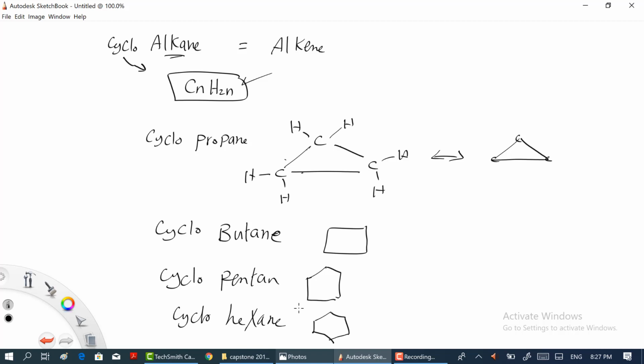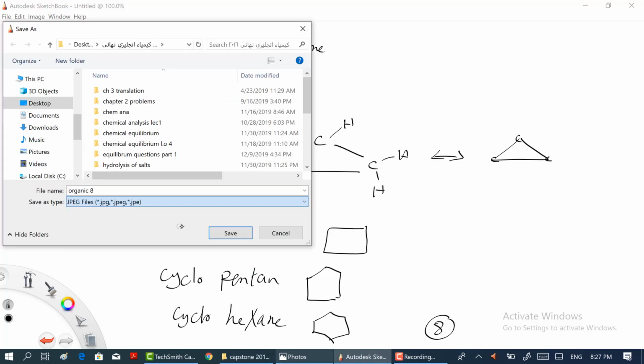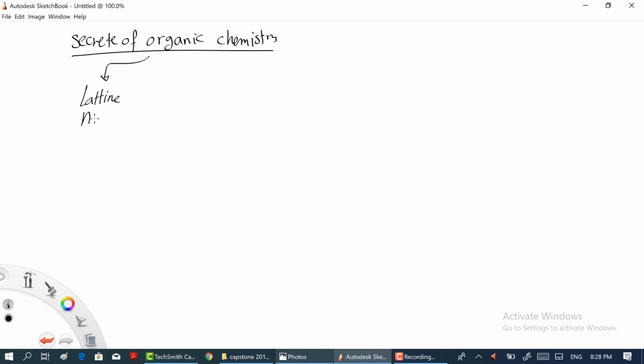This note represents the secret of organic chemistry: Latin numbers, behavior, nickname. First, Latin numbers from 1 to 10.